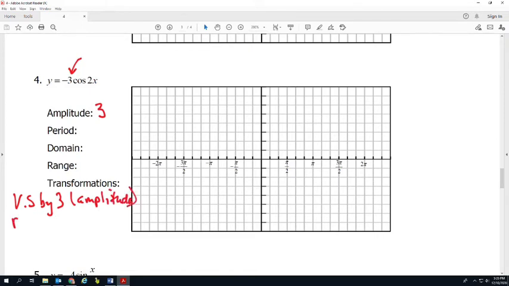You also reflect it over the x-axis. That's because of that negative. And then you also are going to have a period change. It's going to be a horizontal compression, if you'll recall that.